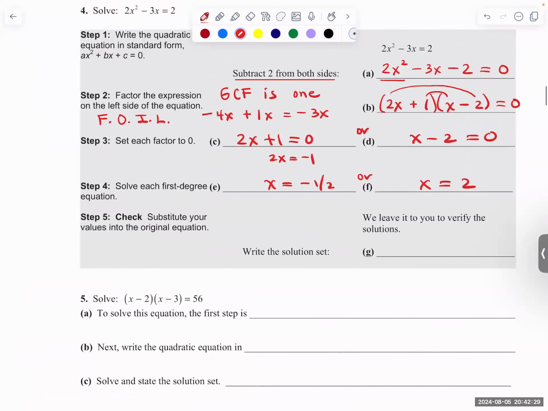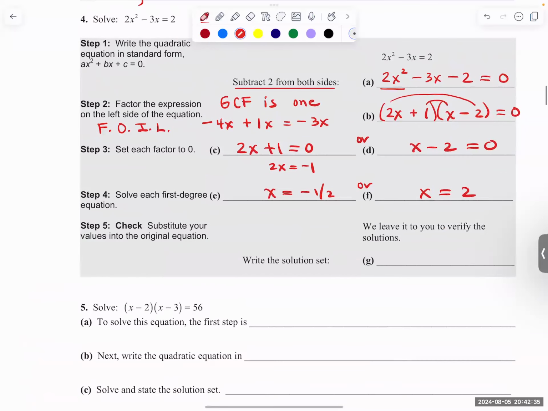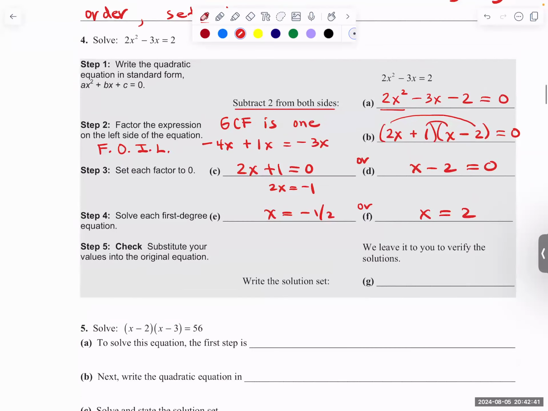Now, the traditional check is to substitute each solution into the original equation, or in step A, with the equation set equal to 0. We have another check called the sum of the roots method for checking, which goes like this. If A is the leading coefficient and B is the coefficient of the linear term, so in this example, A is 2 and B is negative 3.